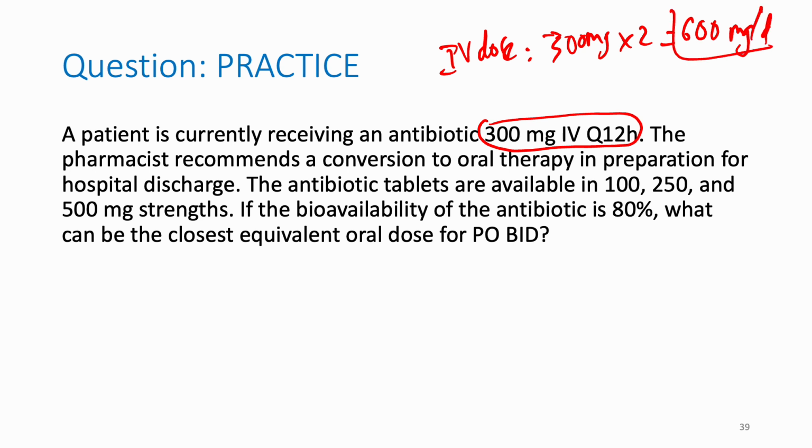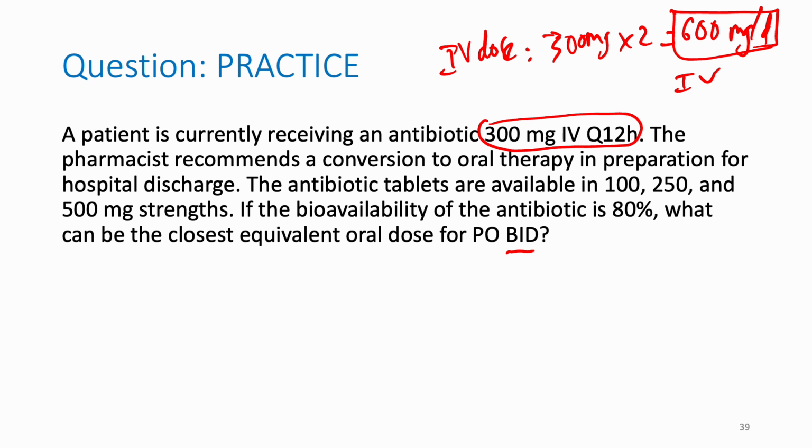So this is for the IV dose. Now you need to calculate the oral dose, but 2 times a day here. What dose can you recommend to be similar to the 600 milligram per day? So the target we have is 600 milligram per day.